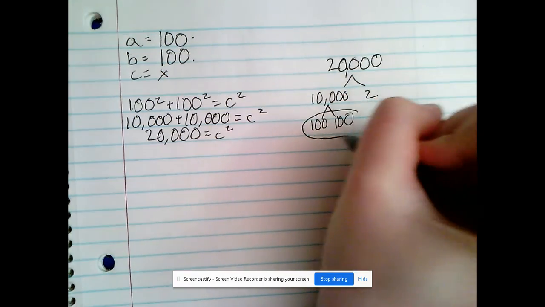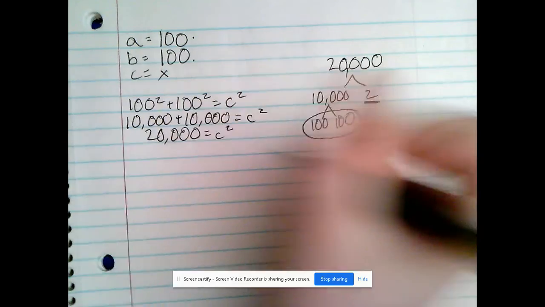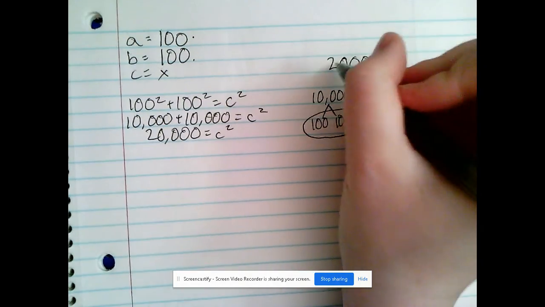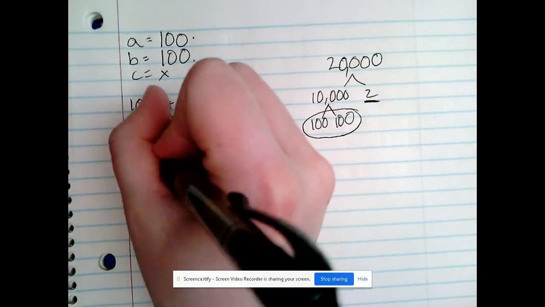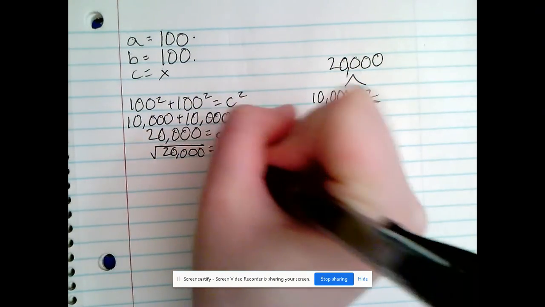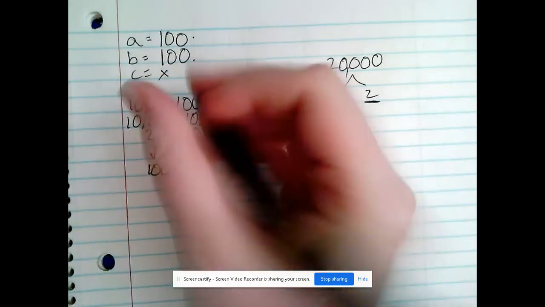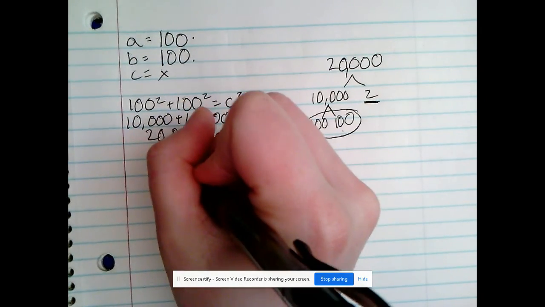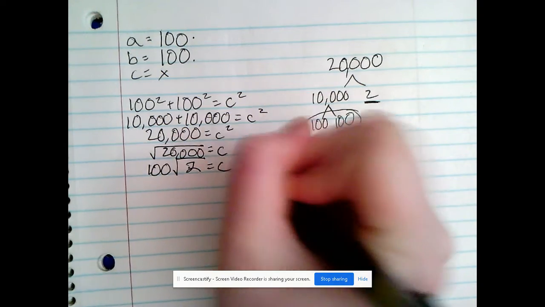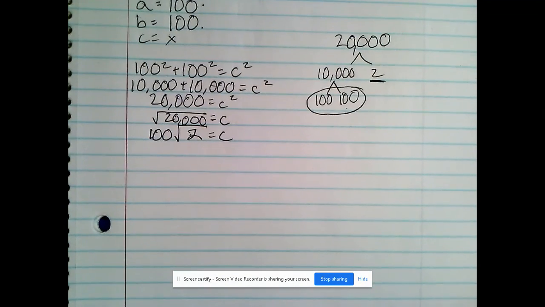So we have a pair of numbers and a prime on the outside. So we can write the square root of 20,000 as 100, the pair on the outside, root 2 equals c. So that's solving it using Pythagorean theorem.